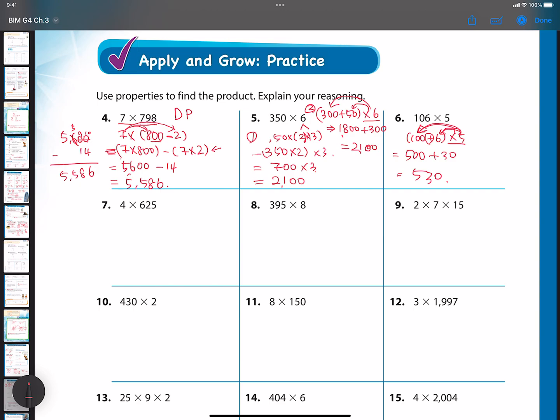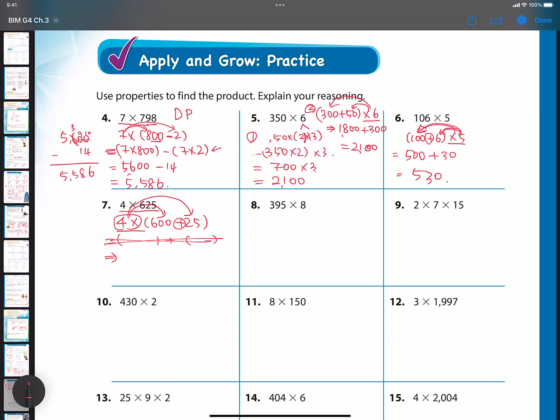Okay, this one, I'm going to do this. I'm going to use distributive also. 4 times 600 plus 25. All right, now I'm going to skip the process of the 2 parentheses addition. I'm just going to go ahead and multiply this, deliver this 4 times to 600, and then second delivery, and I'm going to add them.